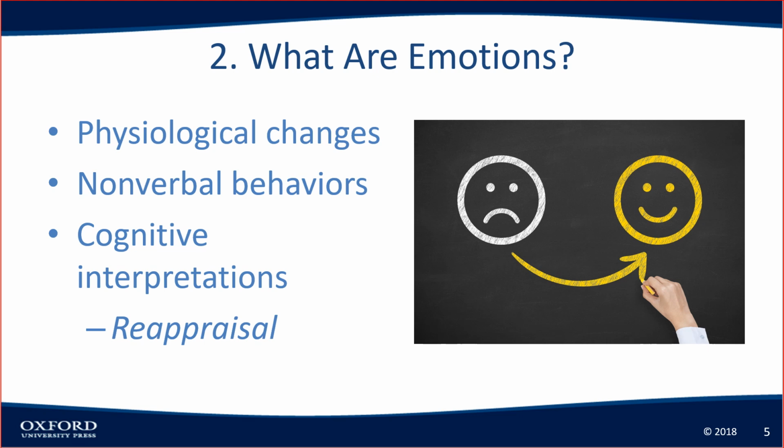As previously introduced, there are several components to emotions. We have the physiological changes, the nonverbal changes, and the cognitive interpretations. The physiological are the bodily changes: our heart rate, our blood pressure, we feel hot, we feel shaky, we feel cold.